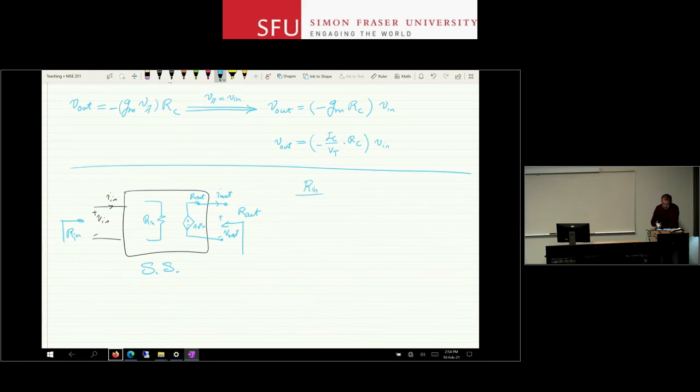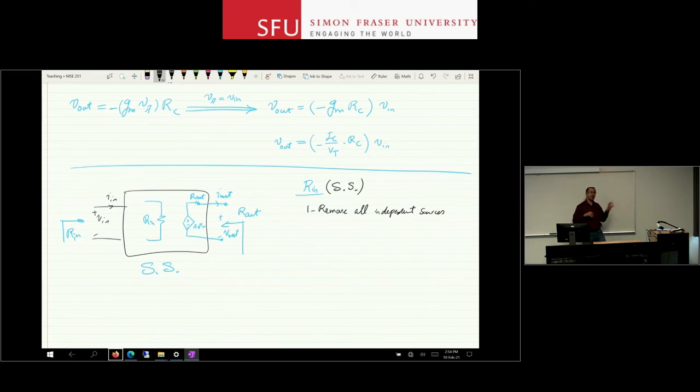So R in, if you want to calculate it, what you do is what you normally did for a Thevenin circuit. Step one, remove all independent sources. And this is small signal, so you definitely do not have any DC sources left at this stage.